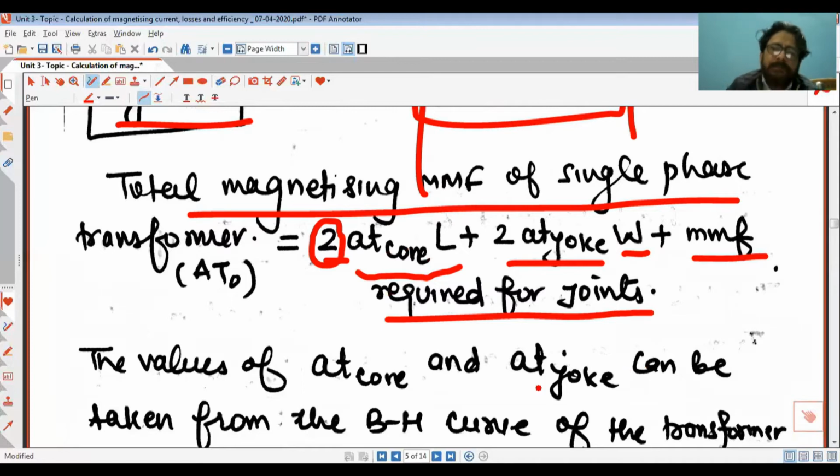So basically the joints, the insulation part or the air gap, whichever is apart from yoke area or core area, is also taken into consideration, right? So that means the MMF is also associated with the area or the part which is other than core and yoke, right?